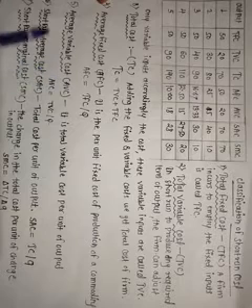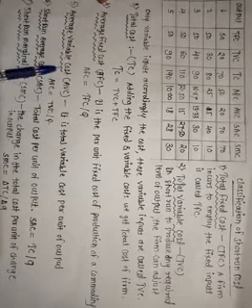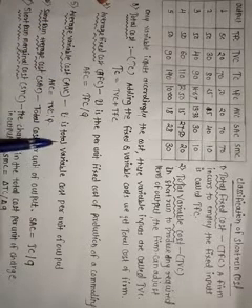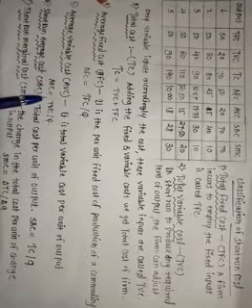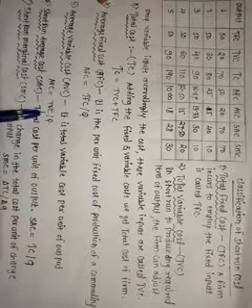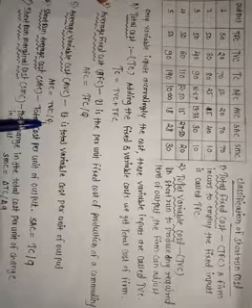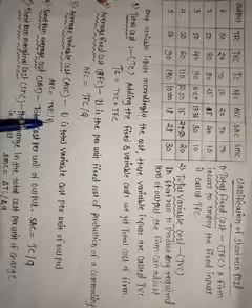Next one, average variable cost. Average variable cost means it is the total variable cost per unit of the output. Using this formula, the average variable cost is equal to total variable cost divided by quantity or the output.